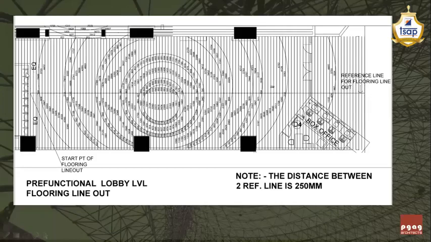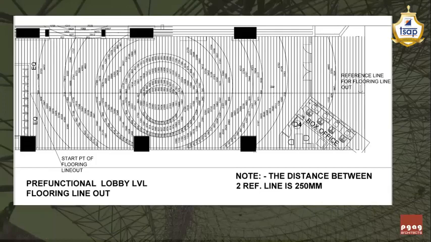The dimensions denote that he is going to start the line out of this flooring with respect to the center line of the space. And after that, there is one more reference line needed. For example, this particular wall is another reference line. That is again the start point of the flooring line out.